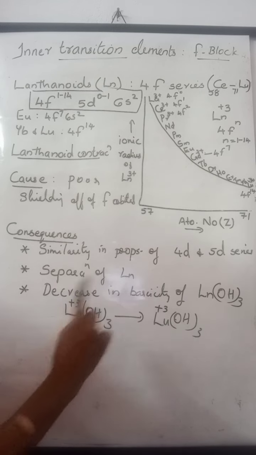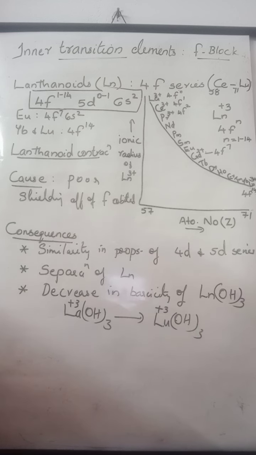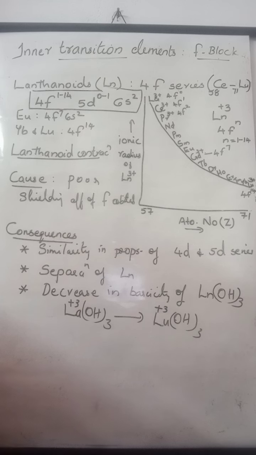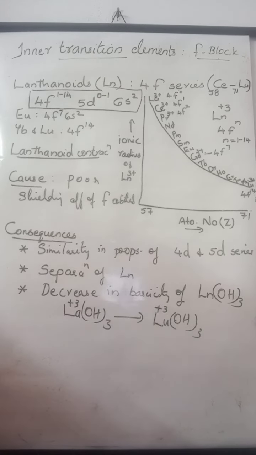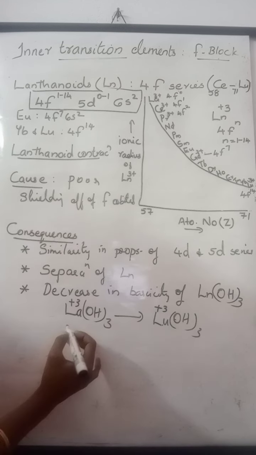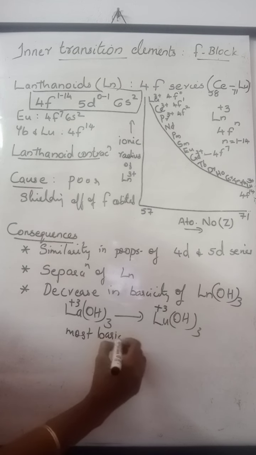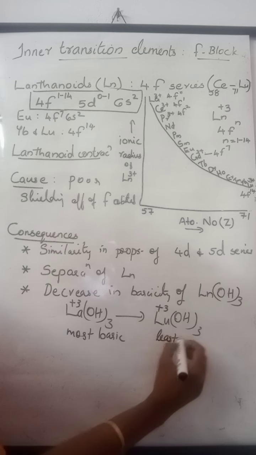Covalent character increases, ionic character decreases. So the concentration of OH minus ions produced in the solution decreases. Basicity decreases along the lanthanoid series. That is, lanthanum hydroxide is most basic and lutetium hydroxide is least basic.